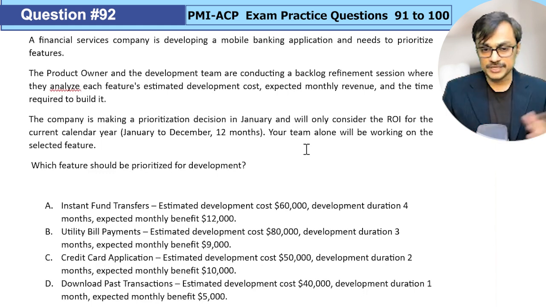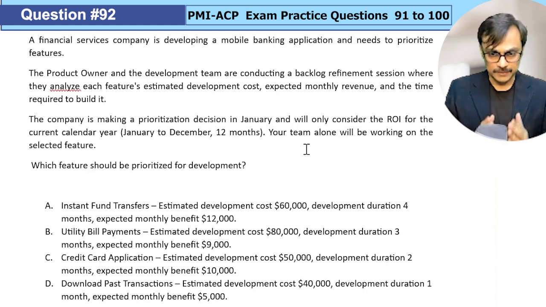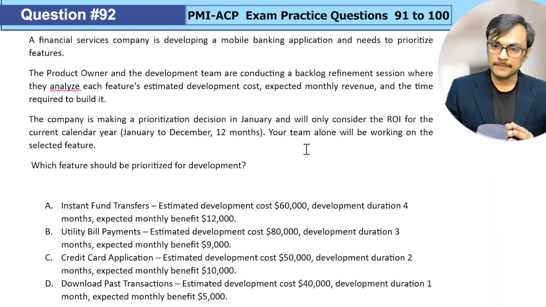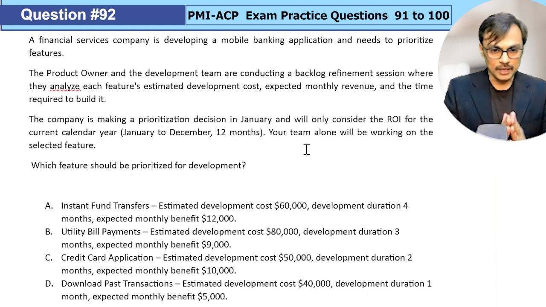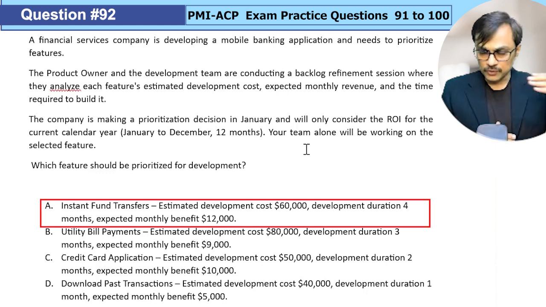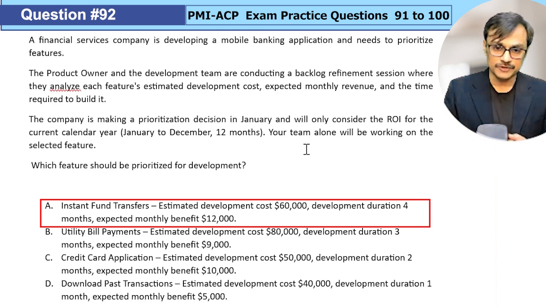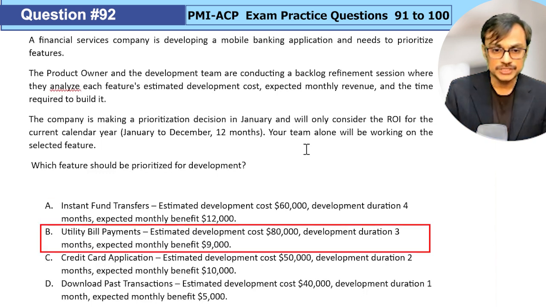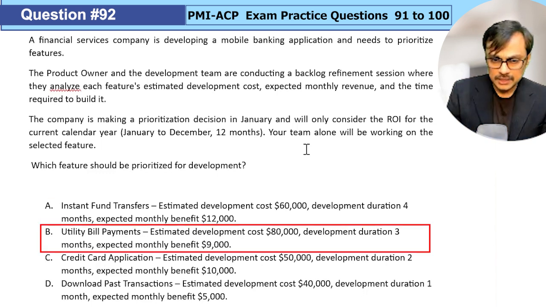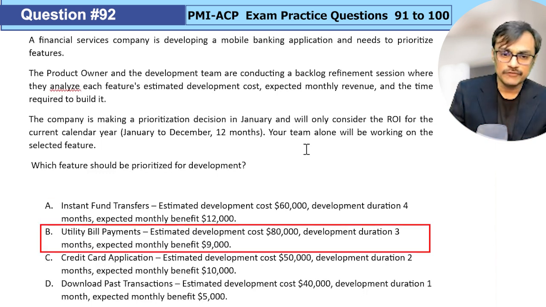And there is some information given related to the cost, development duration, and expected monthly benefit of the feature. So we have an instant money transfer with 60,000 as a development expense, 4 months of development and expected monthly benefits of 12,000. Similarly, we have other information. Utility bills are coming with a cost, duration of development, and expected monthly benefit also.